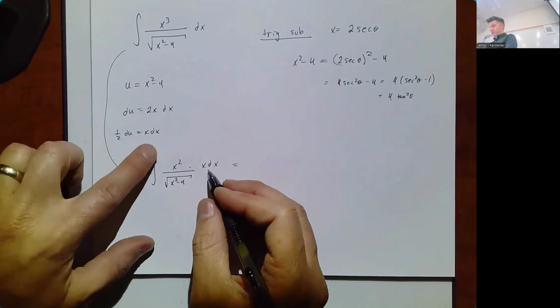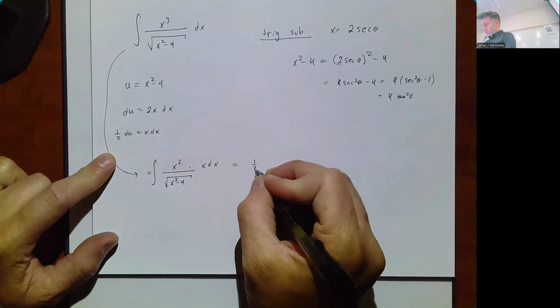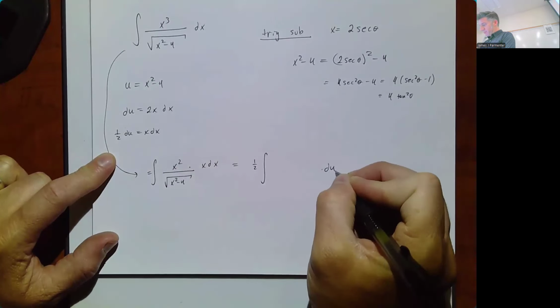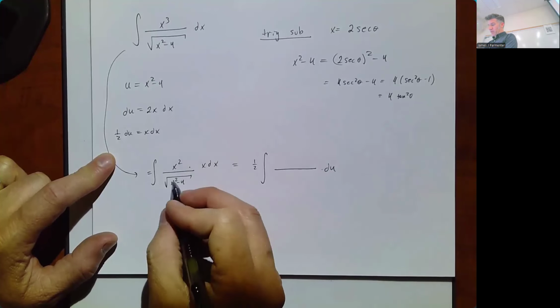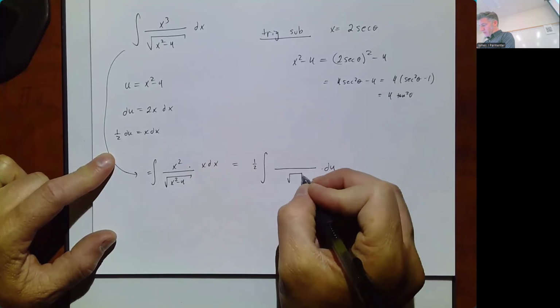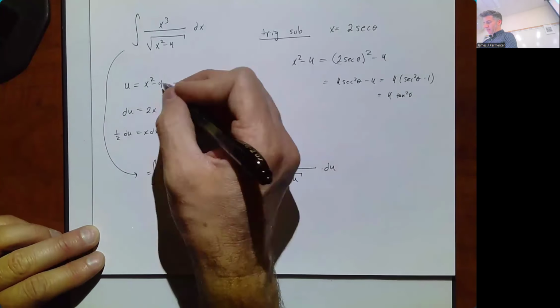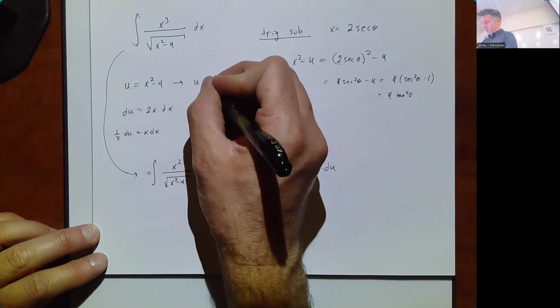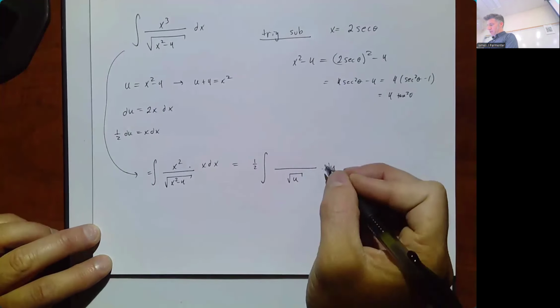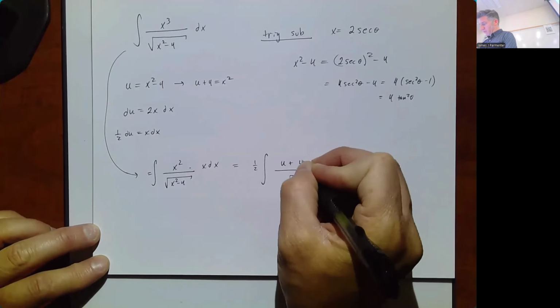The x dx is going to become 1/2 du. The x squared minus 4 down there is just going to be the square root of u. And then the leftover x squared, if I solve for x squared here, u plus 4 equals x squared. So that's going to be u plus 4.